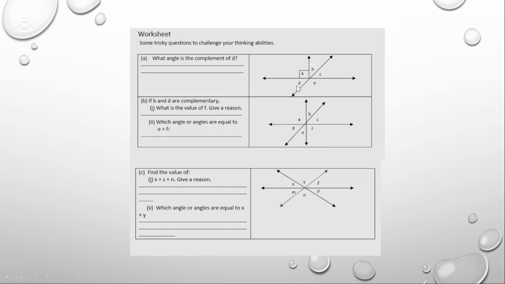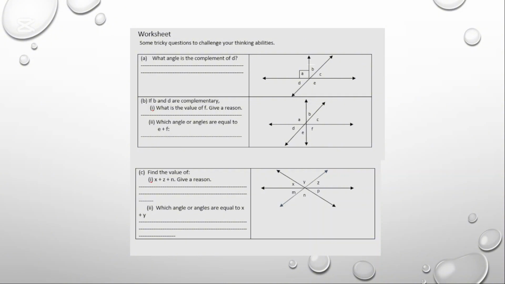D plus which other angle adds up to 90, and that will be the complement of D. If B and D are complementary, they add up to 90 degrees.